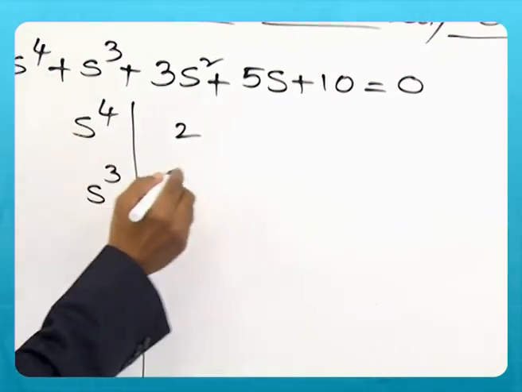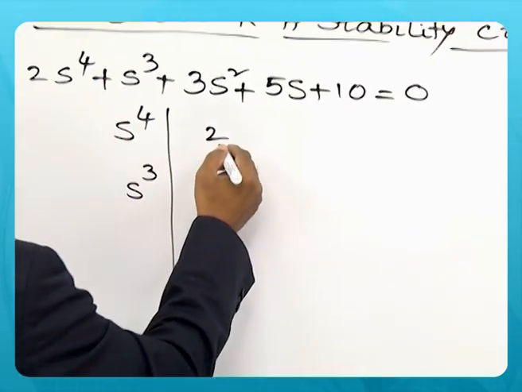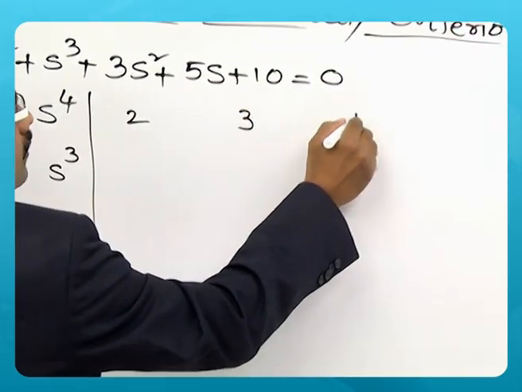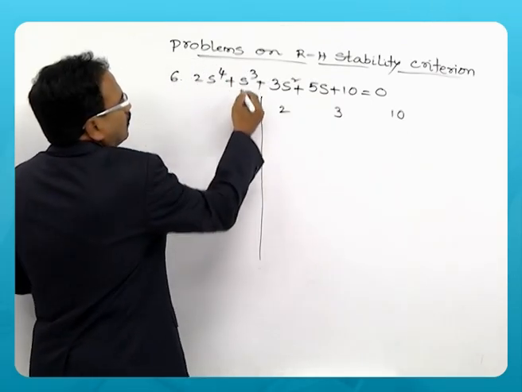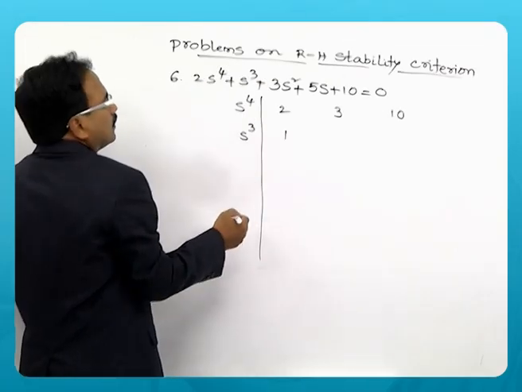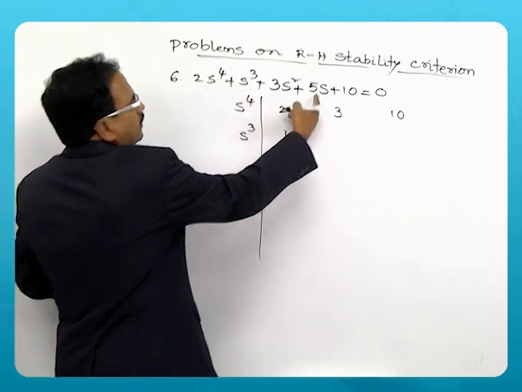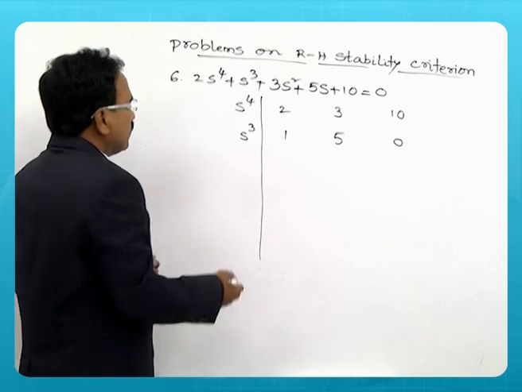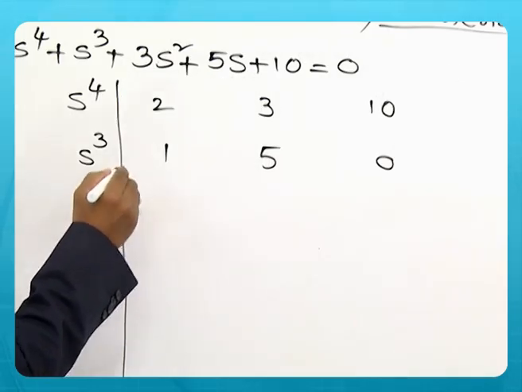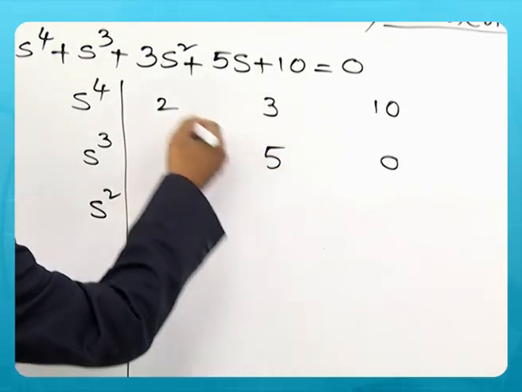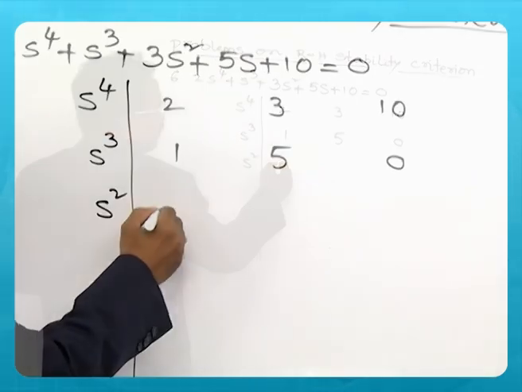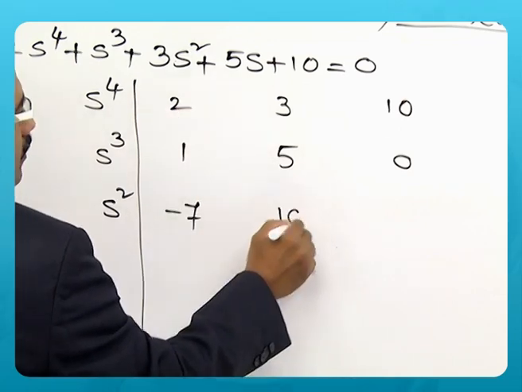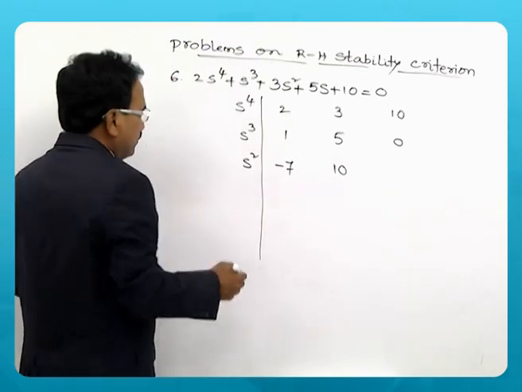You need to write the coefficients of s power 4: 2, then alternate terms, 10. For the s power 3 row, the coefficient of s power 3 is 1 here, then the alternate term 5, then no element, so it is 0. Now the s power 2 row: 3 minus 10, so it is minus 7, and 10 is the second element.